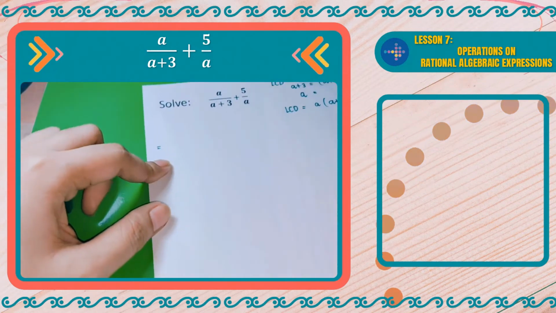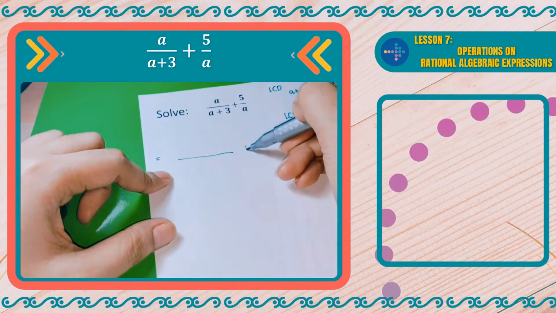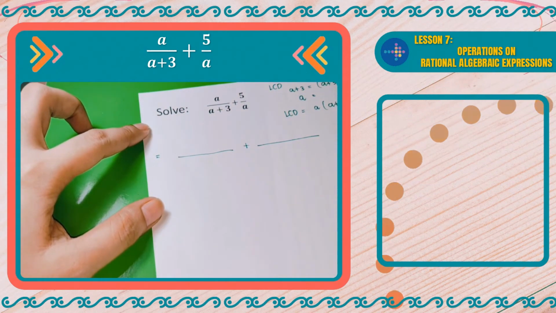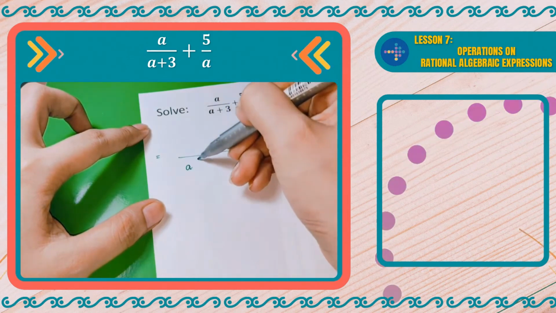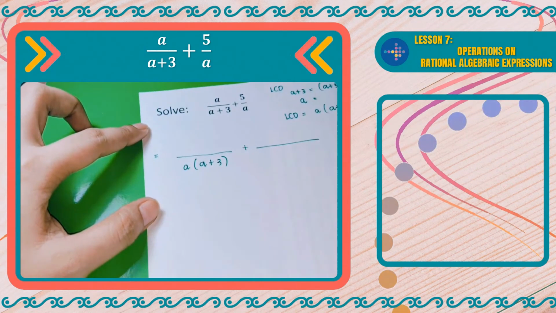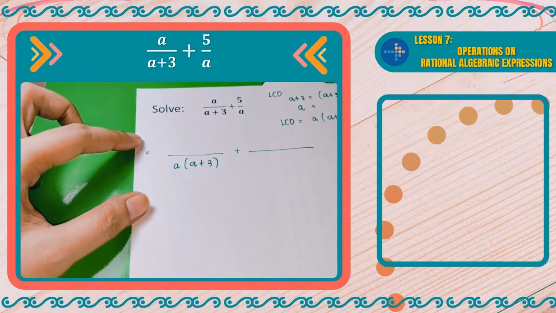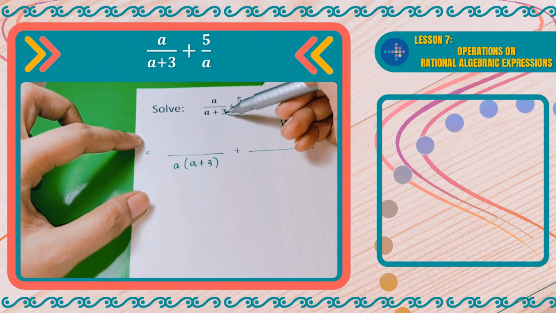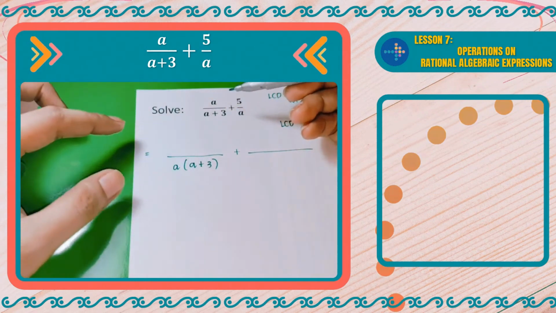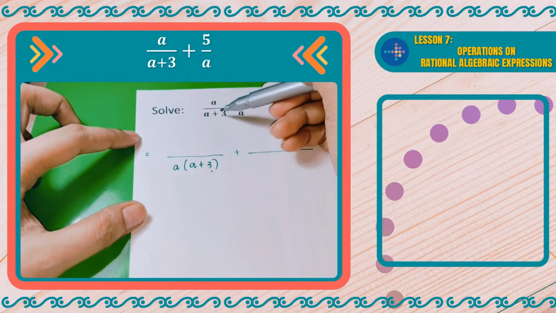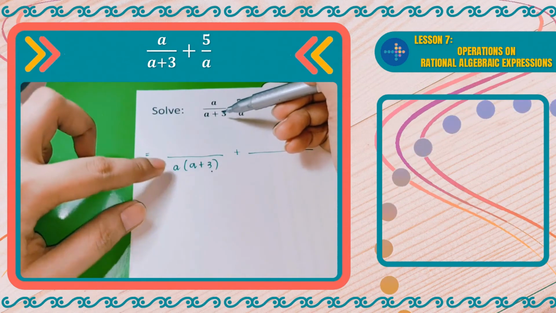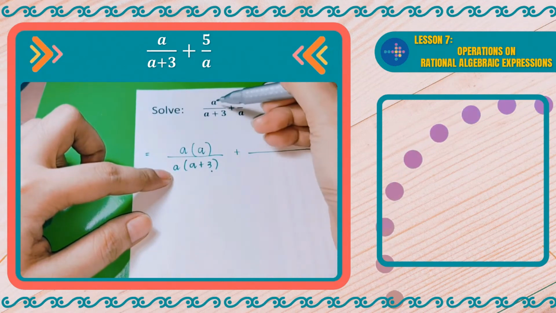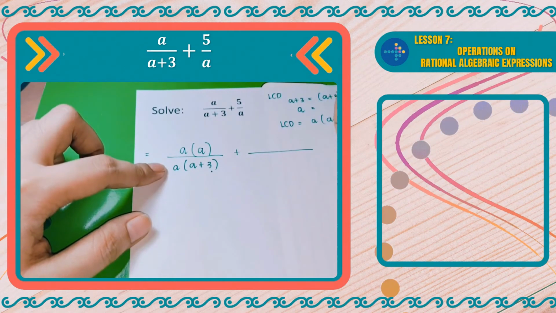Now, we need to write them as similar fractions or similar expressions using the LCD, a times a plus 3. So, to find the new numerator, we need to divide the LCD by the denominator and multiply to the numerator. So, LCD divided by a plus 3, what remains is a. Therefore, a times a. So, a is multiplied to the numerator we have.